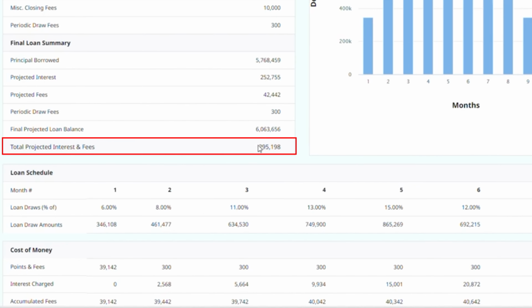At the end of 12 months, I have right at $295,000 of total interest and fees. Yours might be a lot less, it might be a lot more.